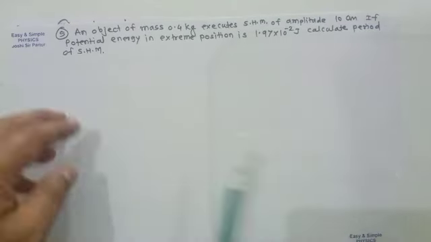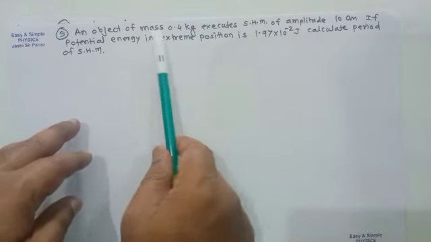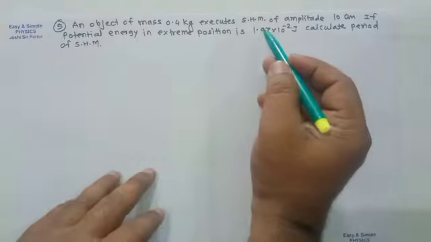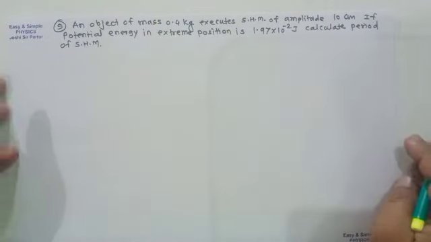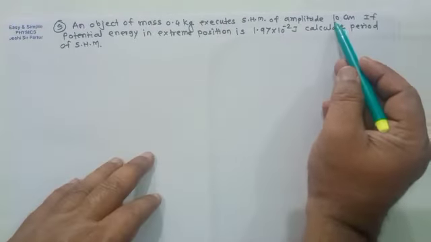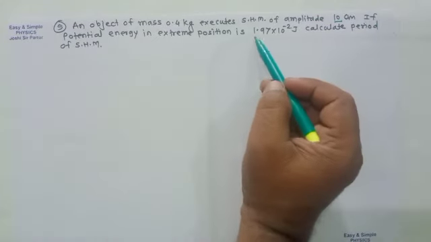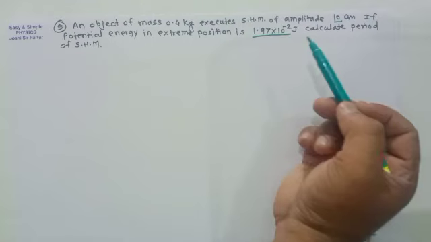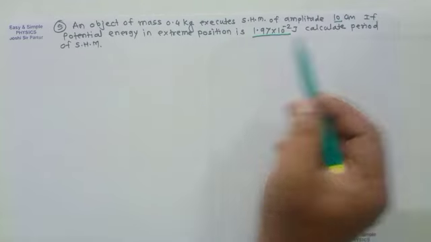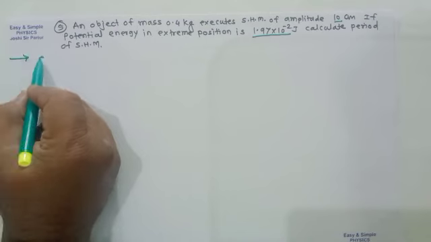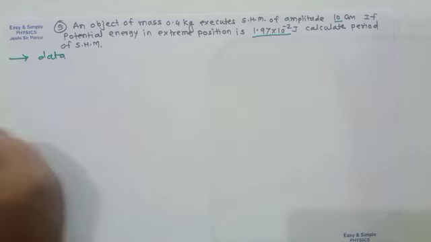Question: an object of mass 0.4 kg executes simple harmonic motion of amplitude 10 centimeter. If potential energy in extreme position is 1.97 into 10 raised to minus 2 joule, calculate period of S.H.M. So we can write the data.